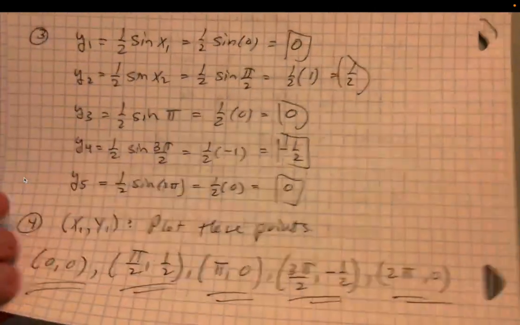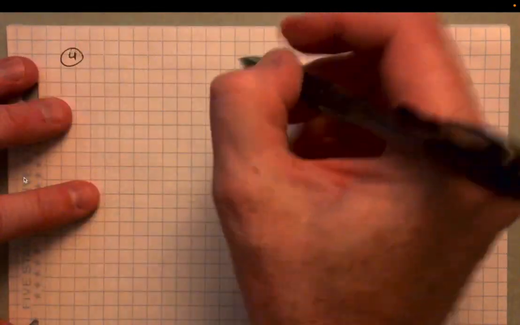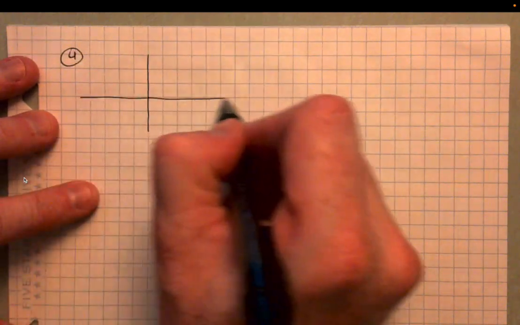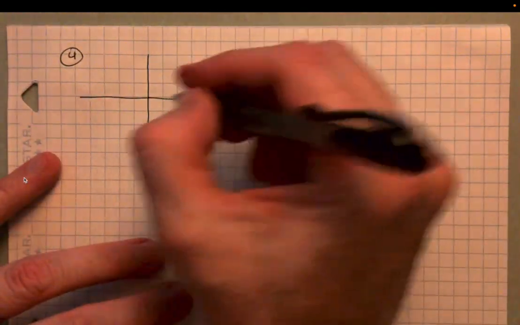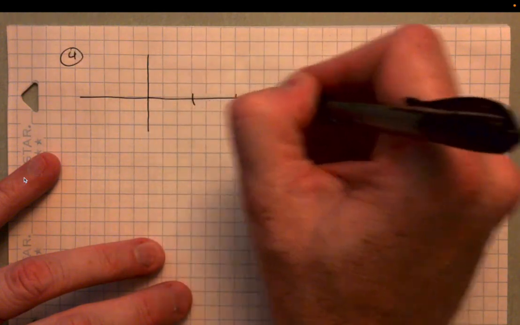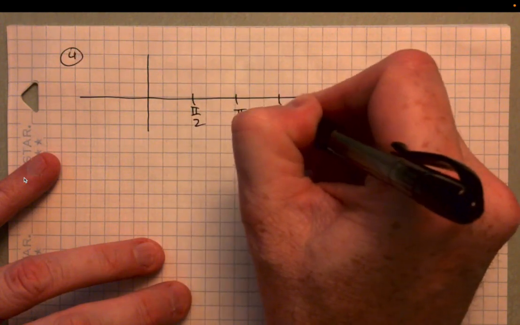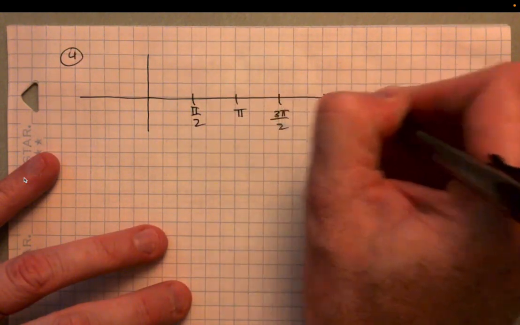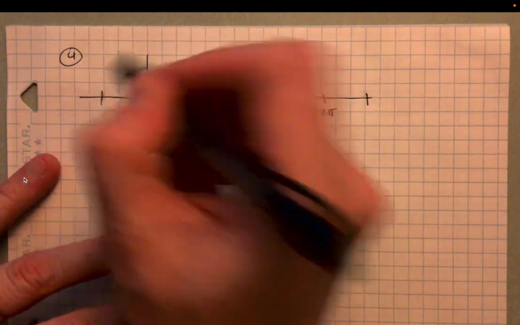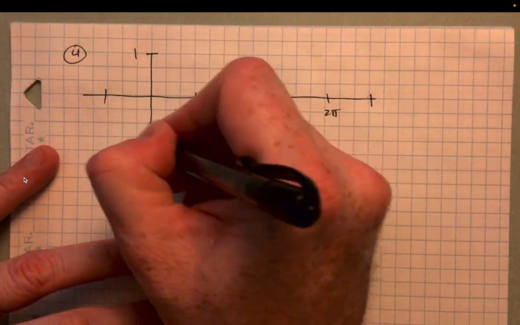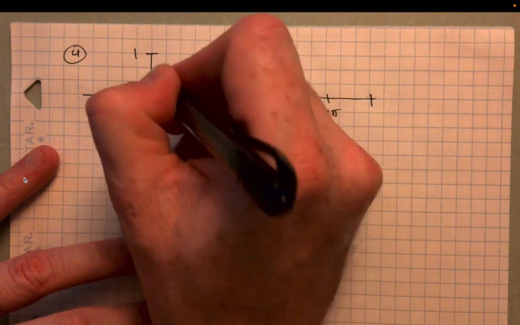Okay, so let's actually plot those points and see what this looks like. How you choose to space things out here is up to you. I'm just going to make that pi over 2, and then pi, and then 3 pi over 2, and then 2 pi. Okay, and so we know that if this is 1 and this is -1, then 1/2 is right in the middle.